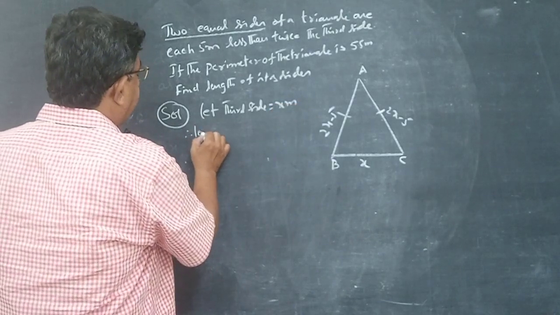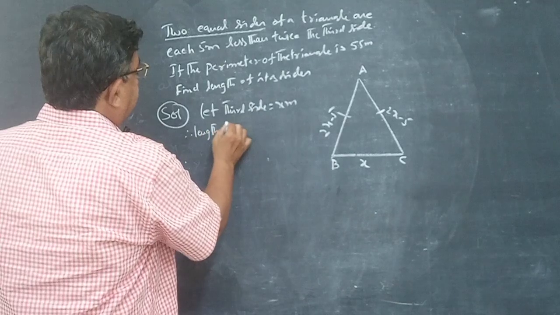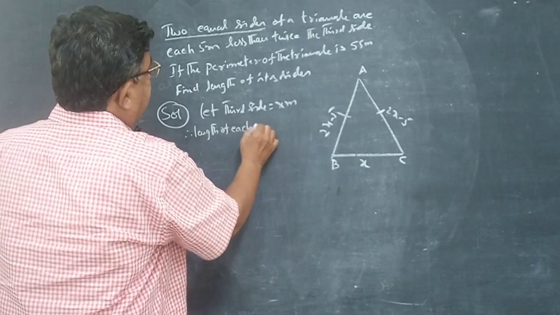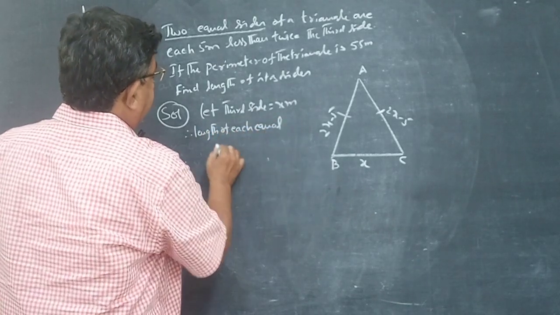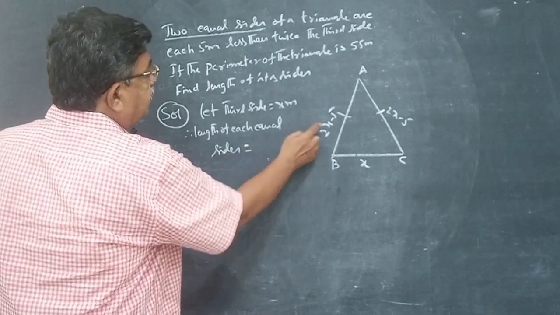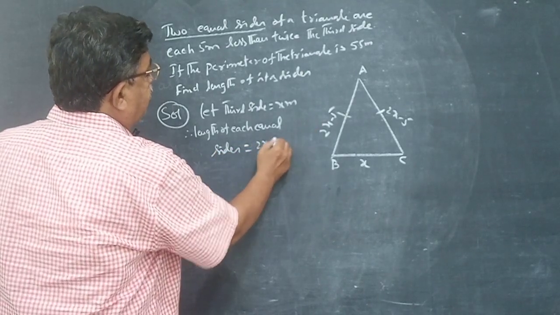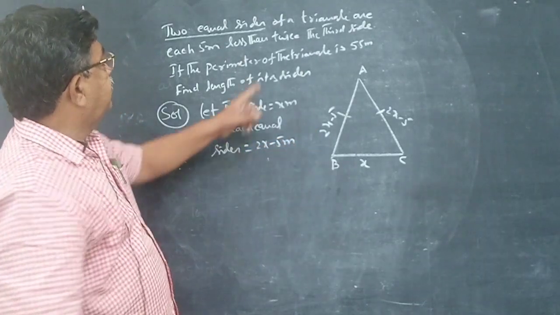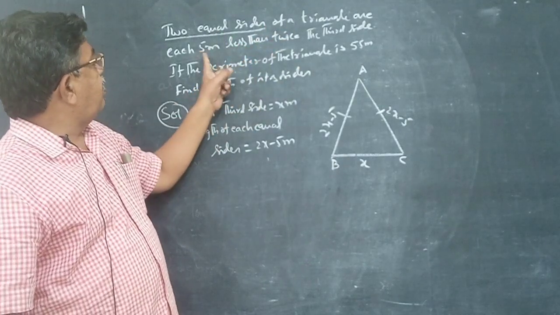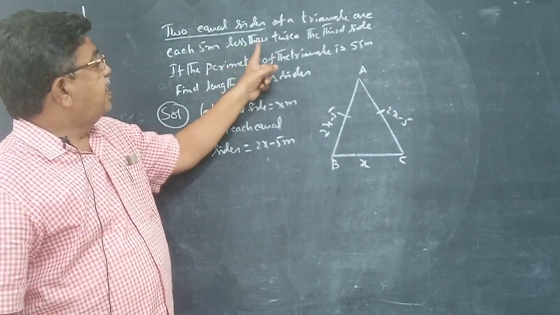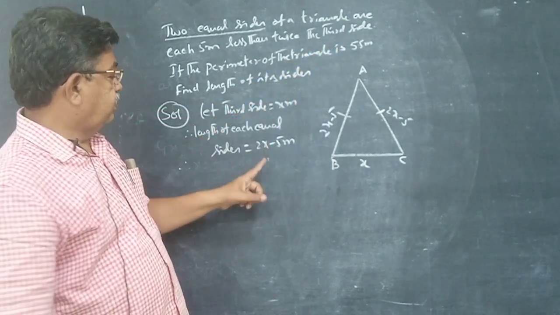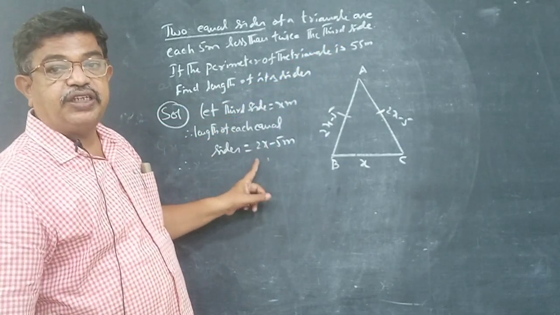Therefore, the length of each equal side is 2x minus 5. How did you get this 2x minus 5 meters? The equal sides of the triangle are each 5 meters less than twice the third side. So the equal sides are 2x minus 5 meters.